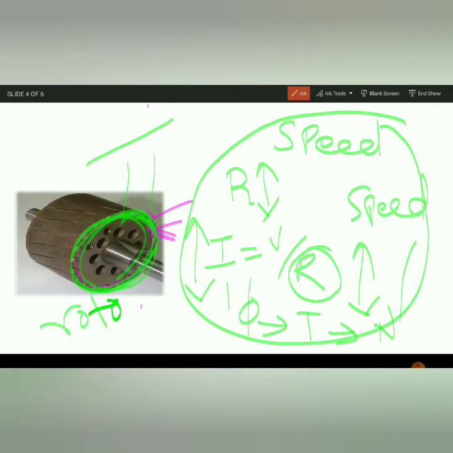Note this point: I am not saying you can't do speed control even from the stator side. I'm just telling you only one option is closed, that is, we can't do speed control from the rotor side, since there is no provision for connecting any external resistance.